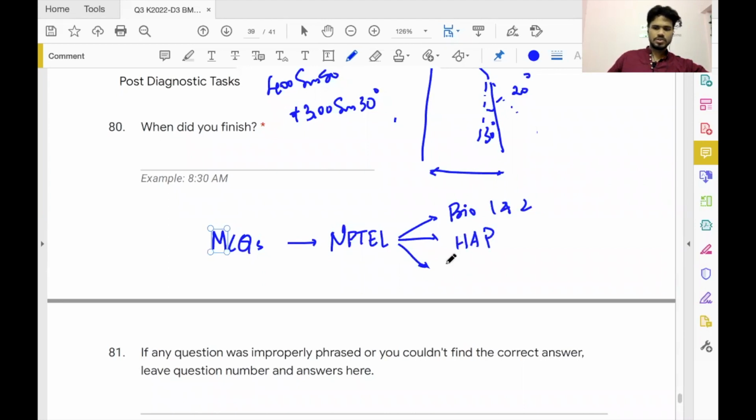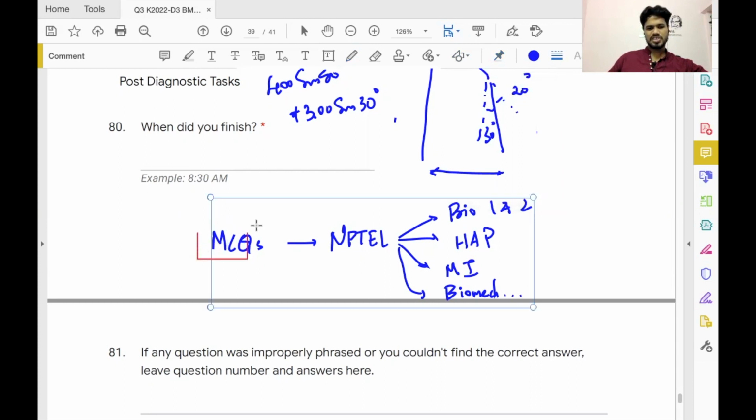Then we also have medical imaging, and we have biomechanics. Not for biofluids, though you should be able to find that too. If you go through this list and understand not just that one question, but all the options in that question, you are extremely well covered.